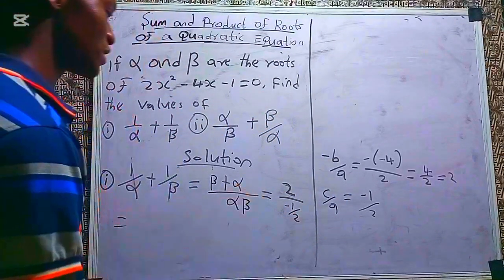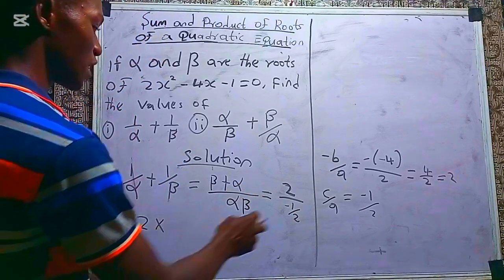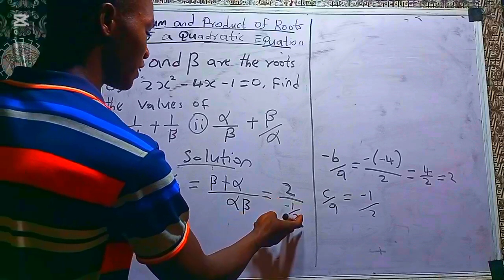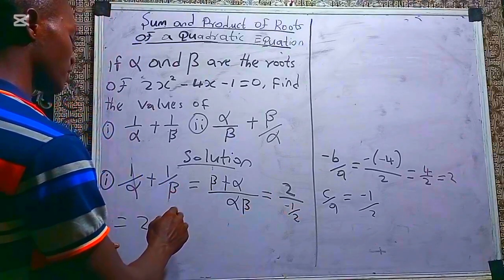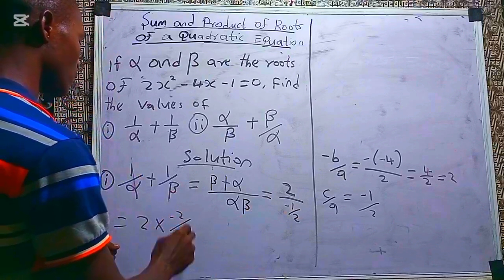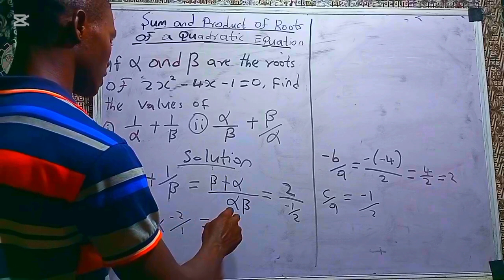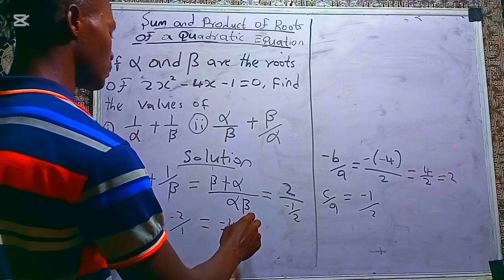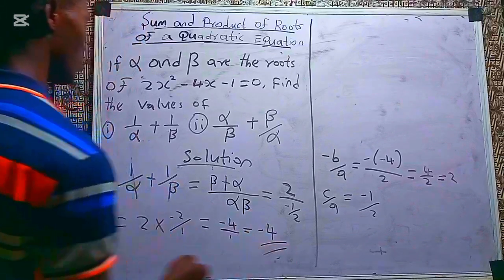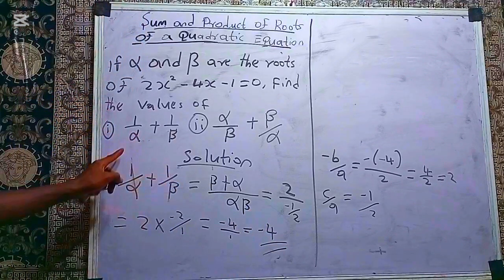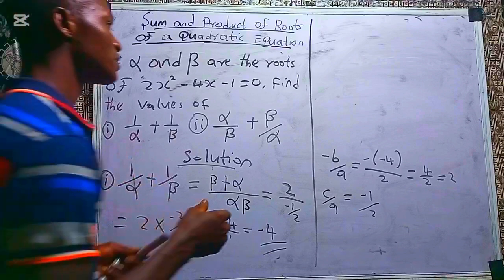So if you solve this fraction, 2 times, instead of negative 1 divided by 2, you now reciprocate the fraction. You now have negative 2 divided by 1. Then if you multiply, you are going to get negative 4 divided by 1, which is negative 4. So negative 4 is the value of 1 over alpha plus 1 over beta. So with this, we have gotten the value of this.